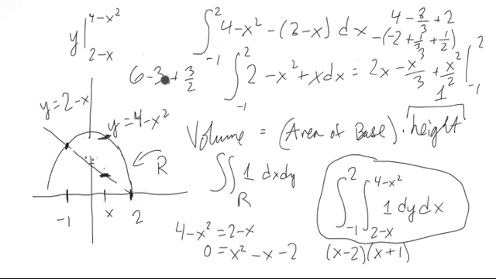So we end up getting 3 plus 3/2, which is 4.5, or 9/2. So it looks like the area of this region right here is simply 9/2, and we did it using a double integral.